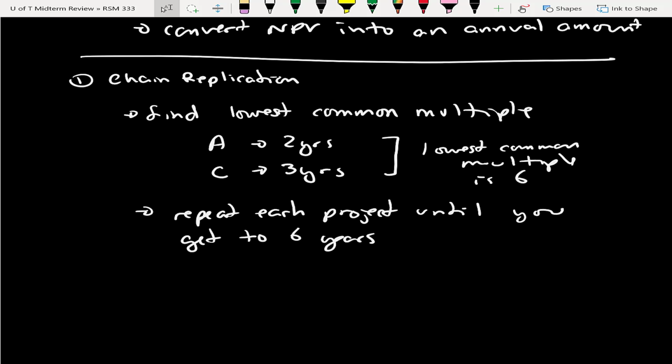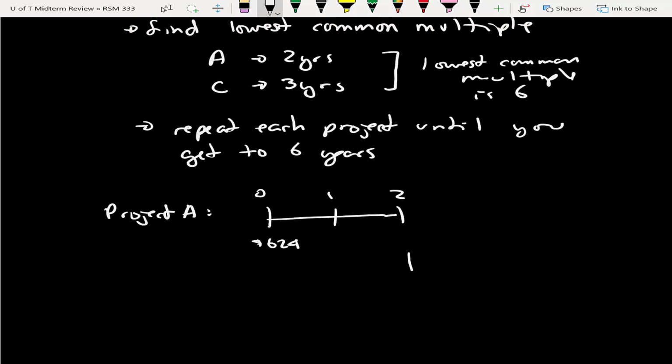So let's look at project A. So I'm going to do it once, and it'll be NPV of 624. Okay, now if I want to get it to 6 years, I'll have to do it a second time. So that becomes year 3 and 4, and it will also be an NPV of 624.